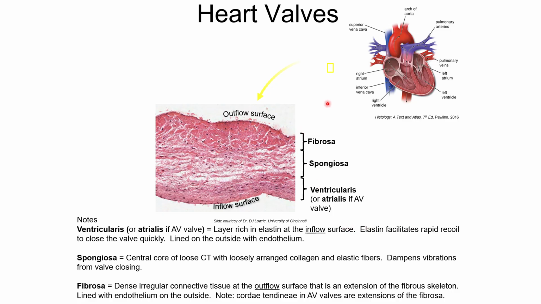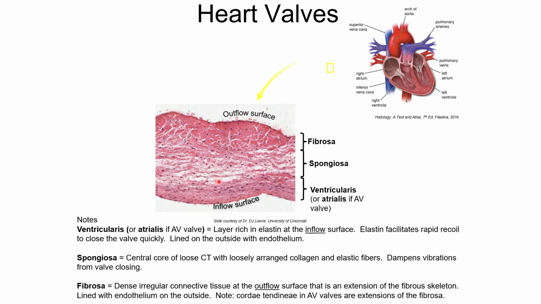So if you want to look more closely at the valves, this is the outflow surface and this is the inflow surface. So we have three layers. They are all lined by endothelium, by the way.